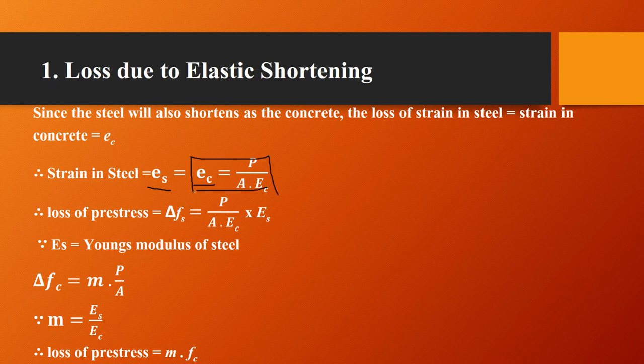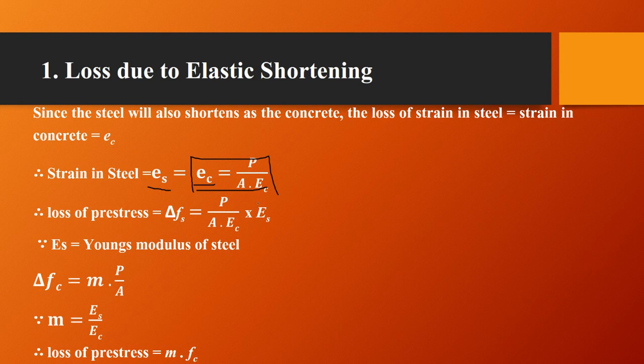So with the help of that relation, we can say that the loss of pre-stress delta Fs will be equal to P by A into Es by Ec, where Es is the Young's modulus for steel, or you can say the modulus of elasticity for steel. This value is given in IS 1343 for the different conditions. We'll discuss it in the next class.